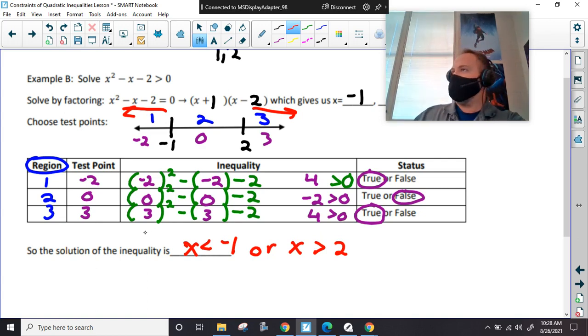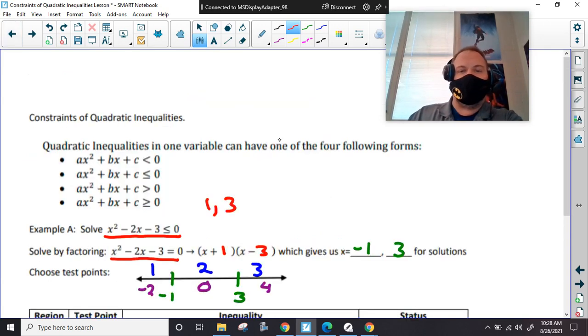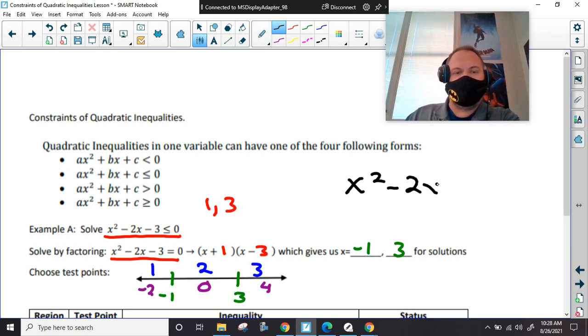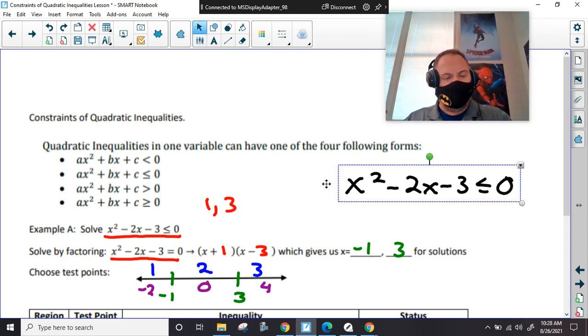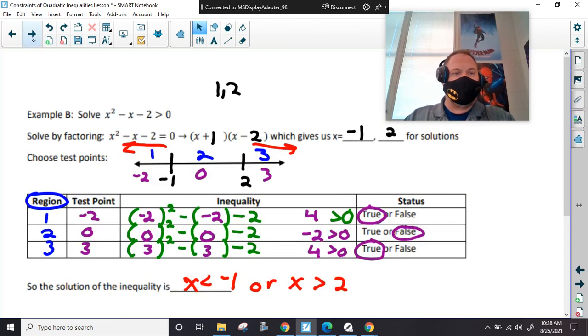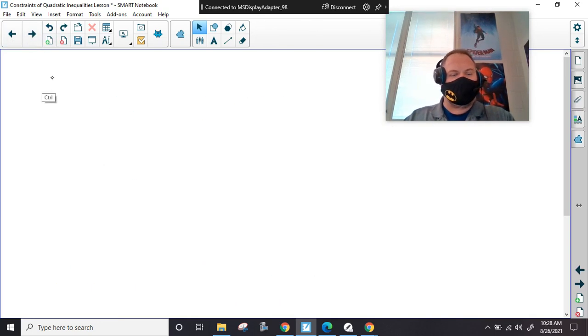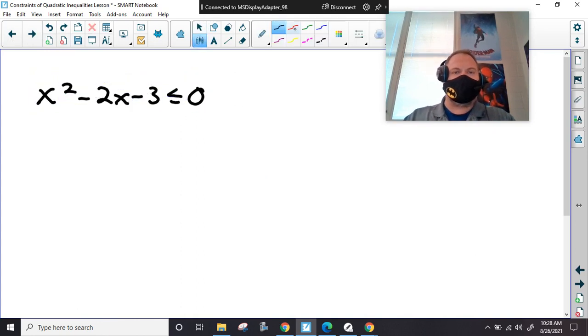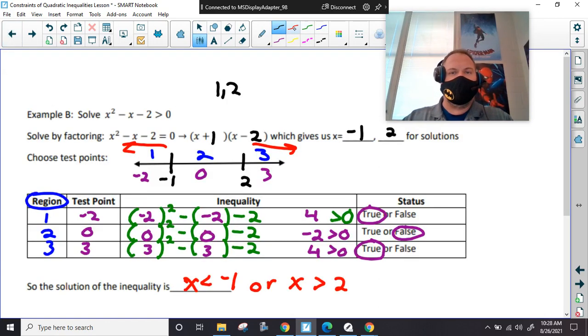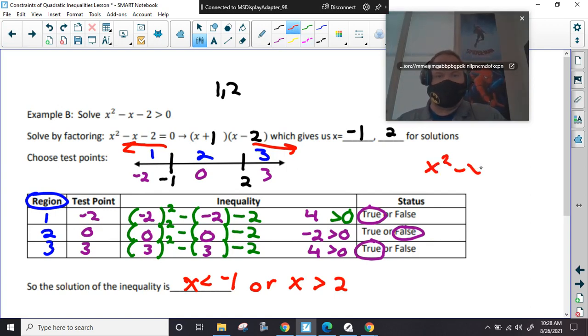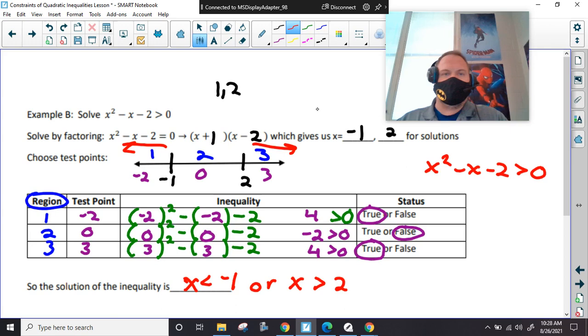Okay. Well, let's look at the differences, shall we? So the question was, this is example A. And then this one, x squared minus x minus 2 is greater than 0.